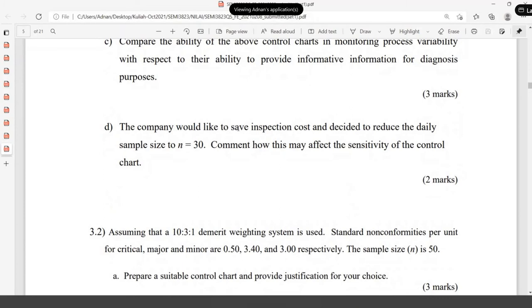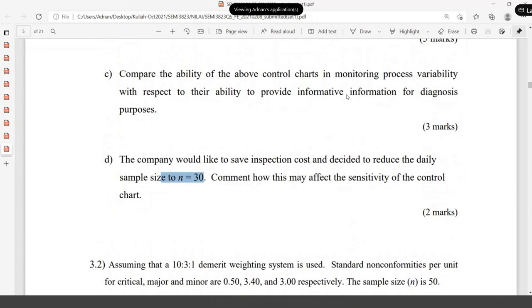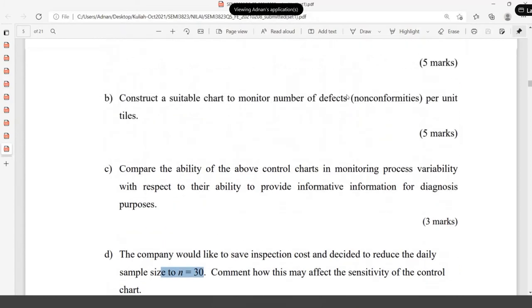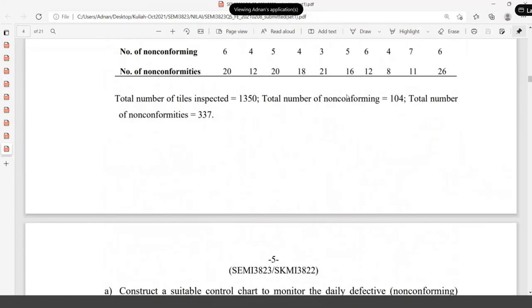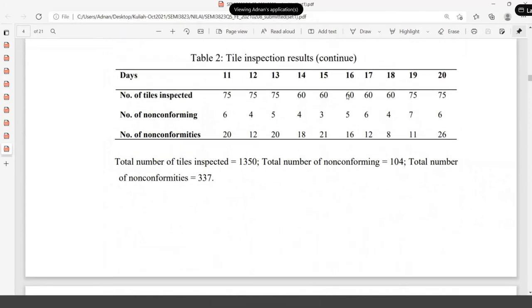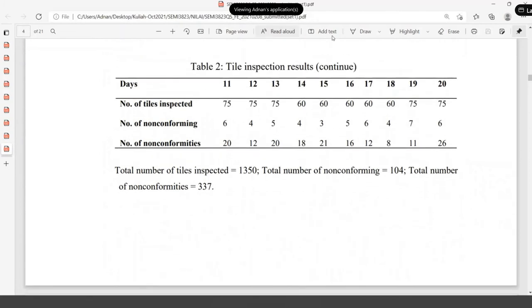The company would like to save inspection cost and decided to reduce the daily sample to 30. They ask you to comment on how this may affect sensitivity. So the company would use n equal to 30. Currently, the samples were 75 and 60.